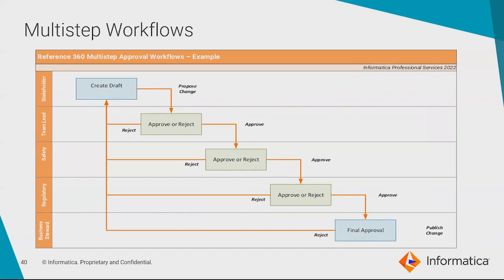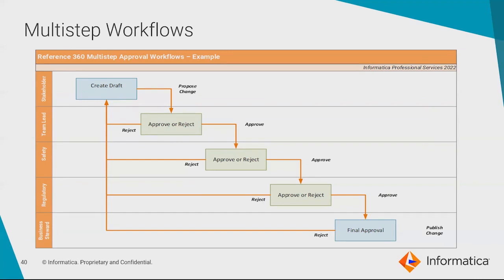If it's rejected, then it goes back to the stakeholder and they have to work on that change and solve the issue. If it gets approved, it goes to, let's say, a safety officer. And then maybe if they approve, it goes to a regulatory officer. And then finally, it goes to the data steward. They approve and it gets published.